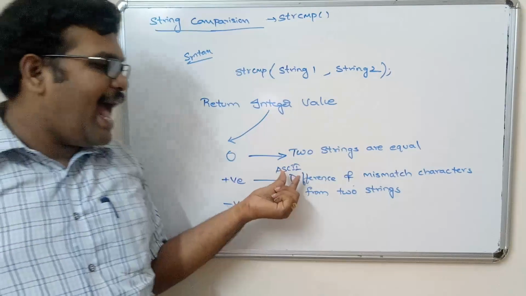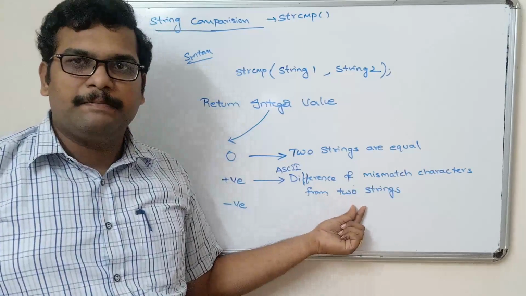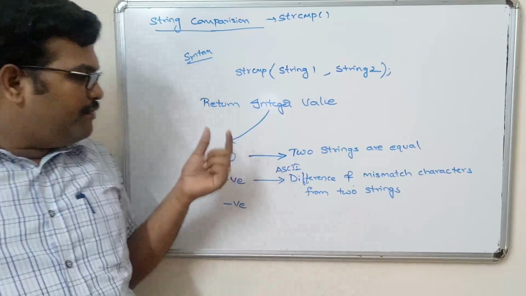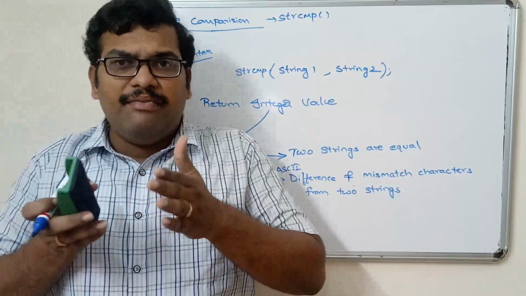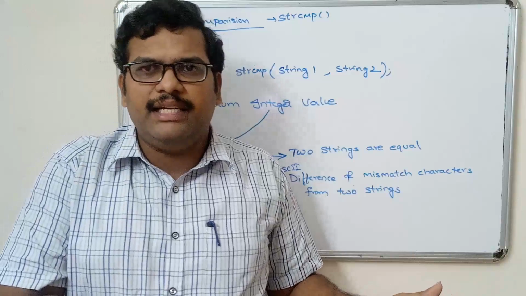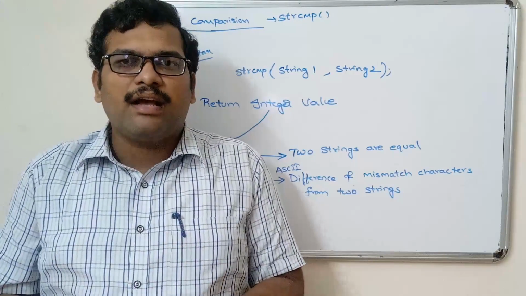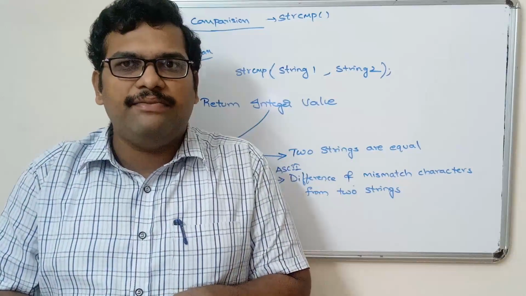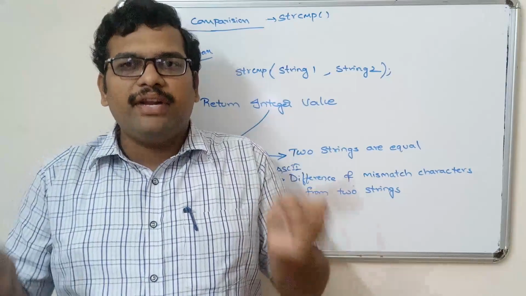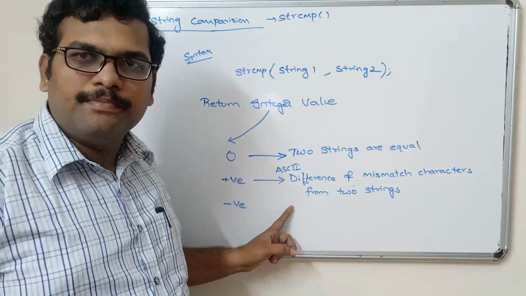First of all, it will compare each and every character from the first string to the second string, and if it finds a mismatch, it will convert the characters into ASCII values, and the difference of those ASCII values will be returned as output.